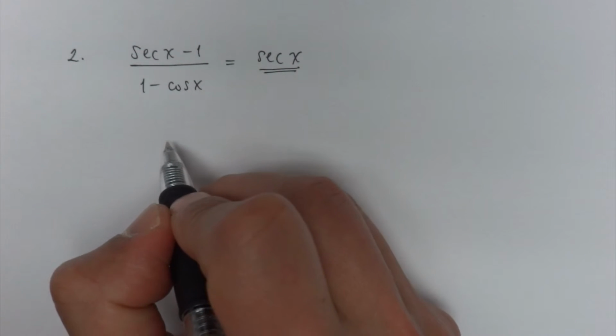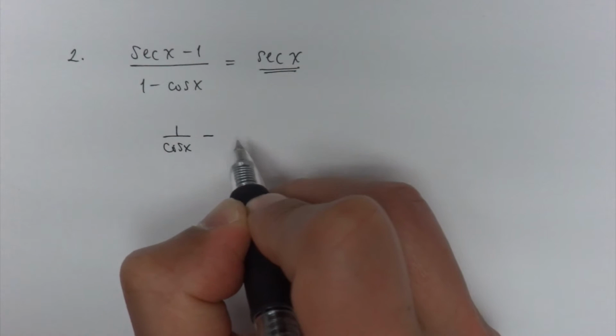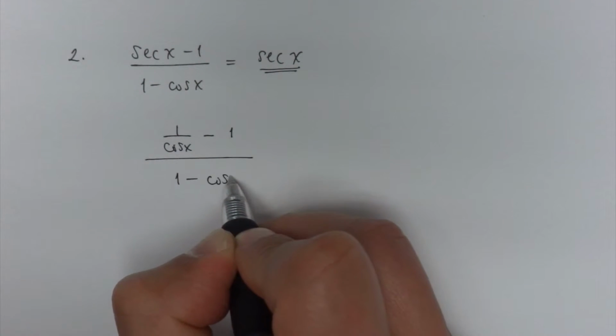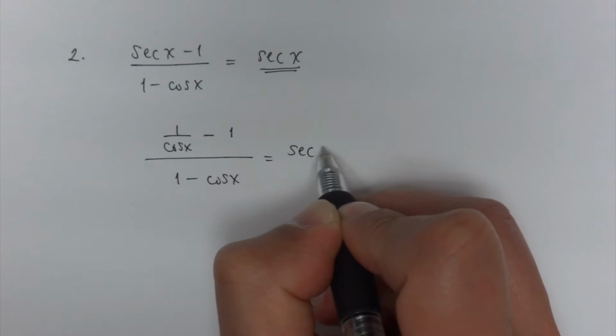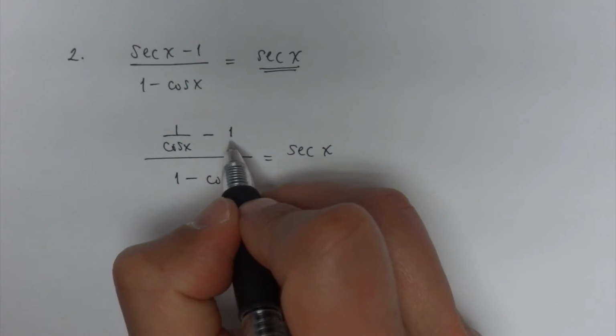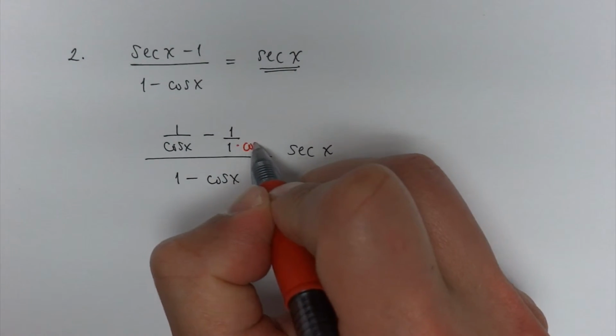So secant x, I'm going to go ahead and change it to 1 over cosine of x minus 1. Okay, that becomes a complex fraction, and that's okay. And that equals secant x. Okay, let's see if I can simplify this further. So what do you do here? Well, we have 1 over 1. We need the common denominator, which is going to be cosine of x.